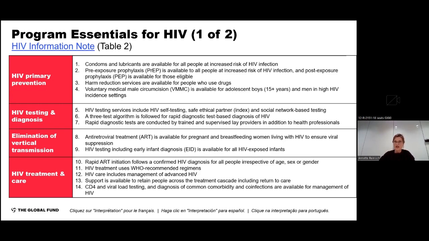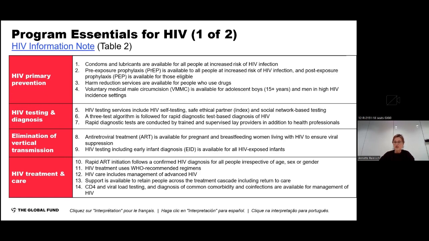They have all been developed in collaboration with our HIV technical partners, and they're also aligned to the respective technical guidance. All program essentials are part of the prioritized interventions, which I had spoken to earlier, and they're clearly labeled as such in the tables in the lists of prioritized interventions.